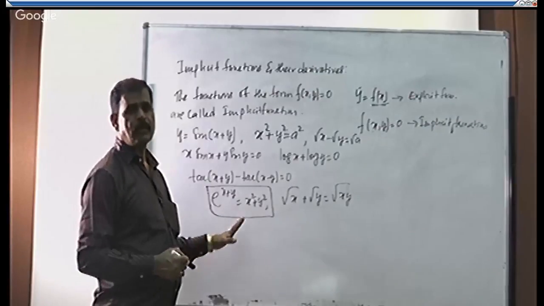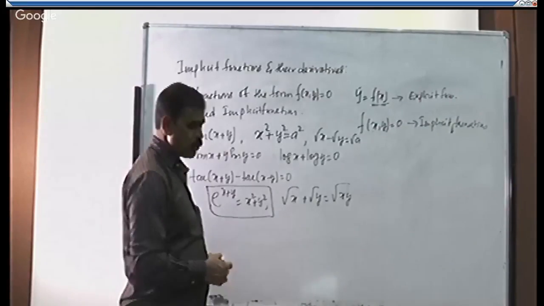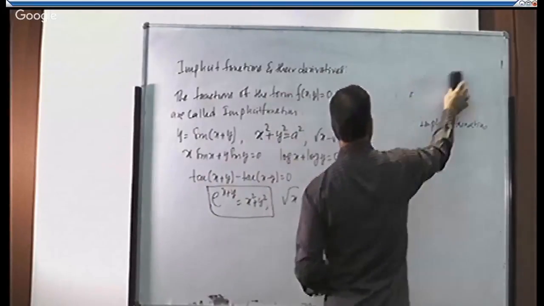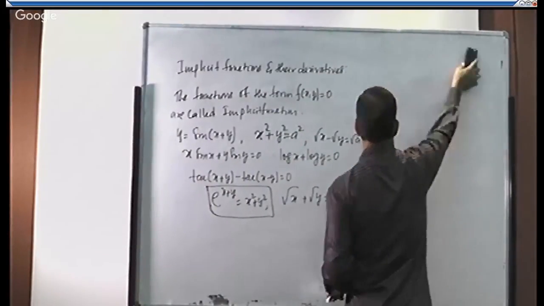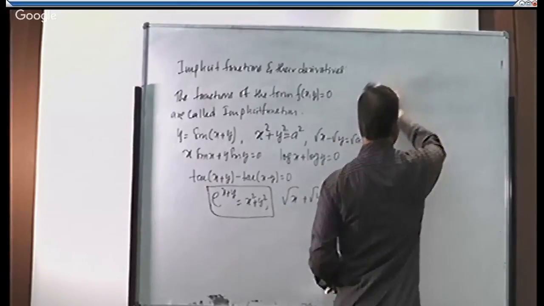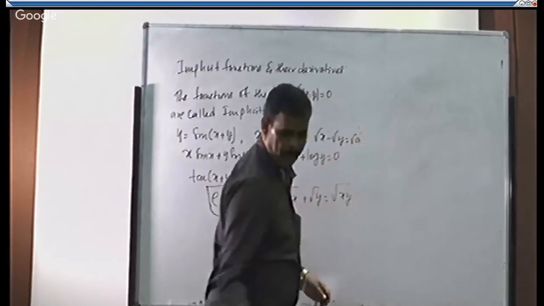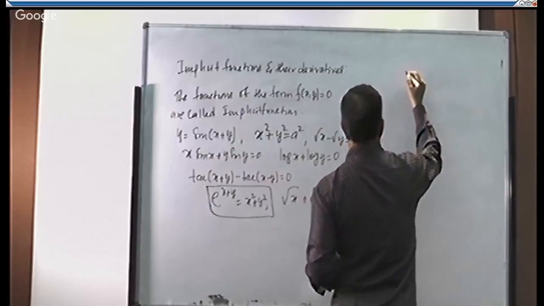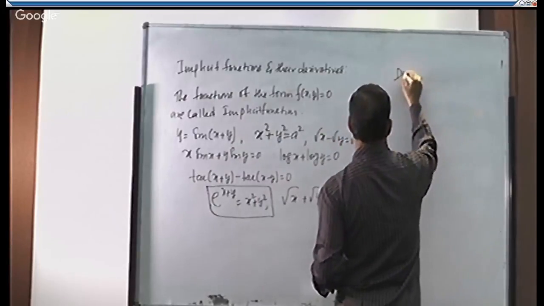That is the procedure. Okay, I will show you the difference of writing derivatives of x term as well as y term. If you remember this difference, it is easy to get the dy by dx.